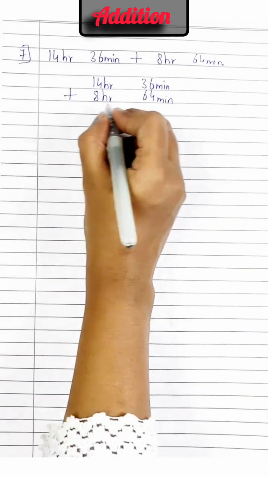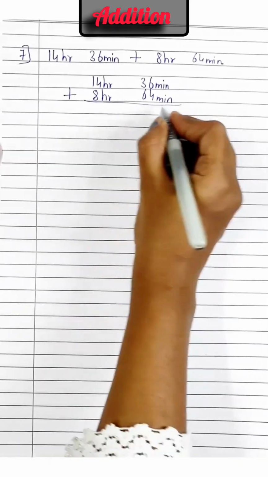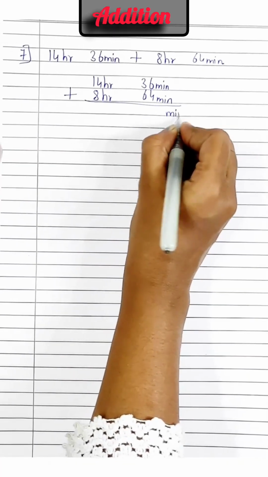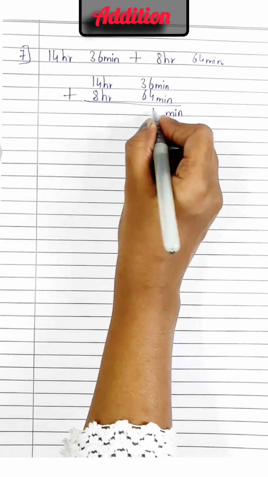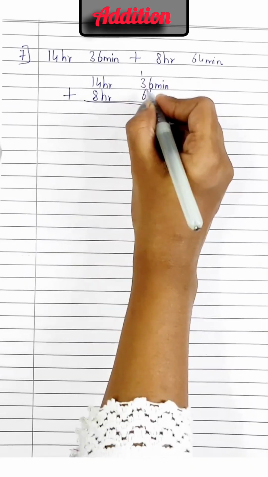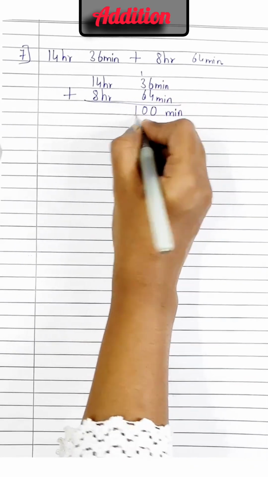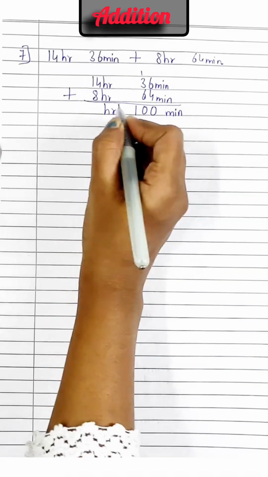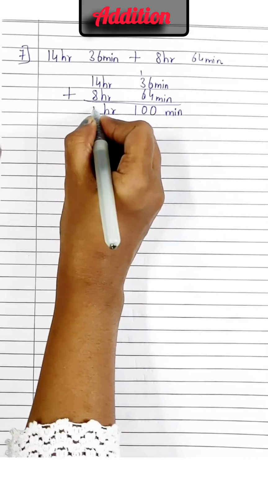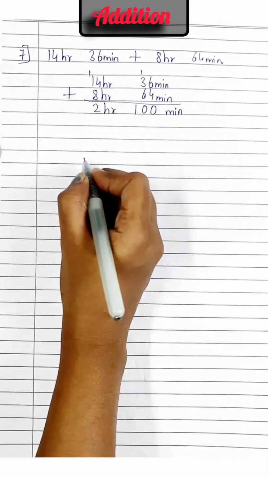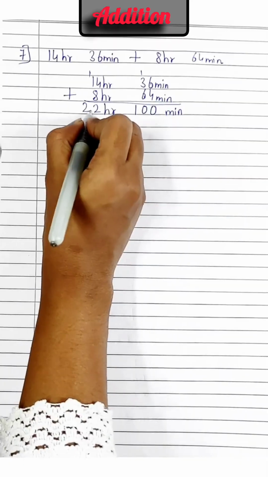This sum is based on addition. 6 plus 4, 10. Now say 3 plus 6, 9 plus 1, 10. Hours के नीचे hours. 4 plus 8, 12. 1 over here. 2, it's 22.